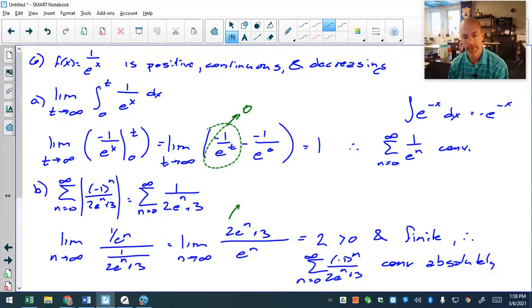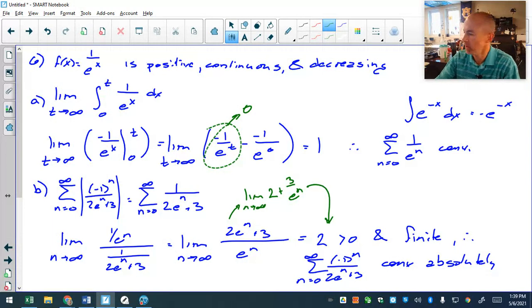So maybe from here I did the limit as n goes to infinity, and I split this. I call it an STD, a single term denominator. 2e to the n over e to the n is 2, plus 3 over e to the n. And then 3 over e to the n will approach 0, which then ultimately gives you an answer of 2. So we could have done it that way to be a little bit more mathy in how we knew the limit was 2. Let's go on to part C.